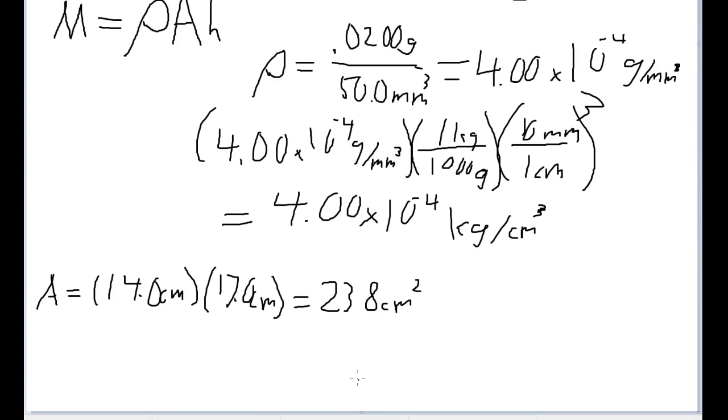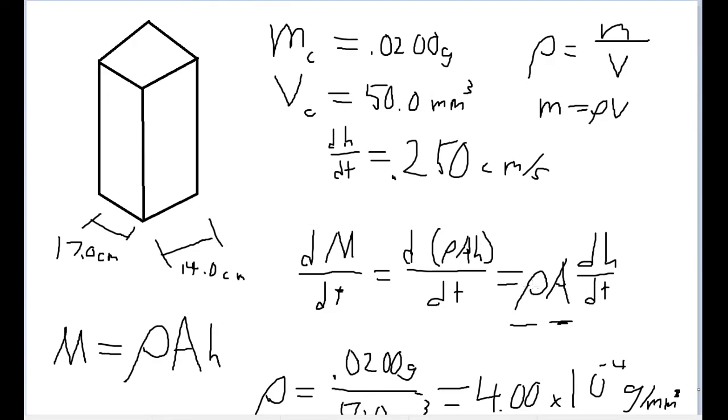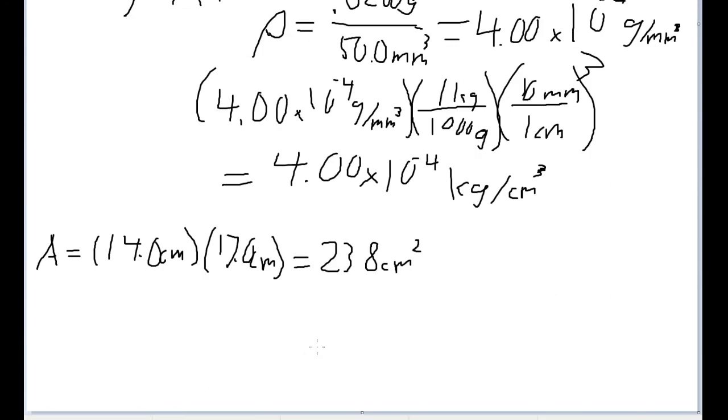There we go. And now we have found every single individual component of our formula here that we created. So now to get the final answer for the change of mass with respect to time, we'll just want to plug in all our little variables.